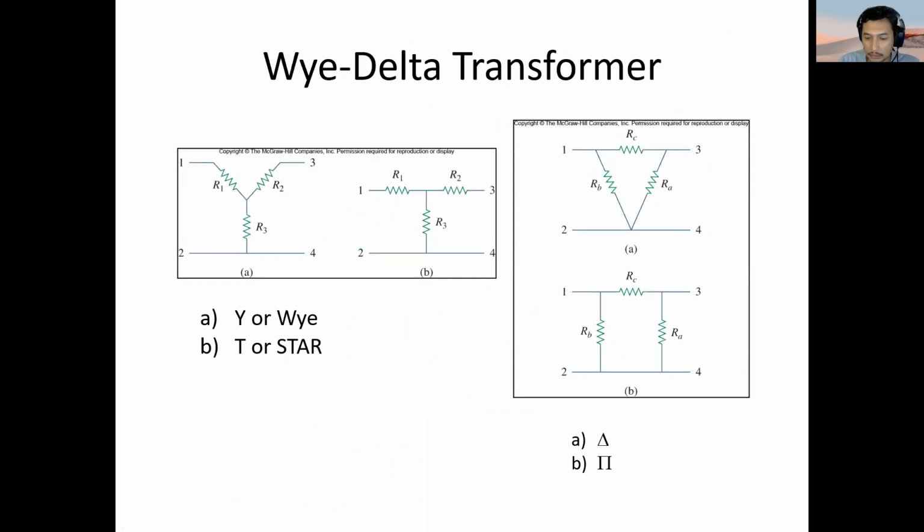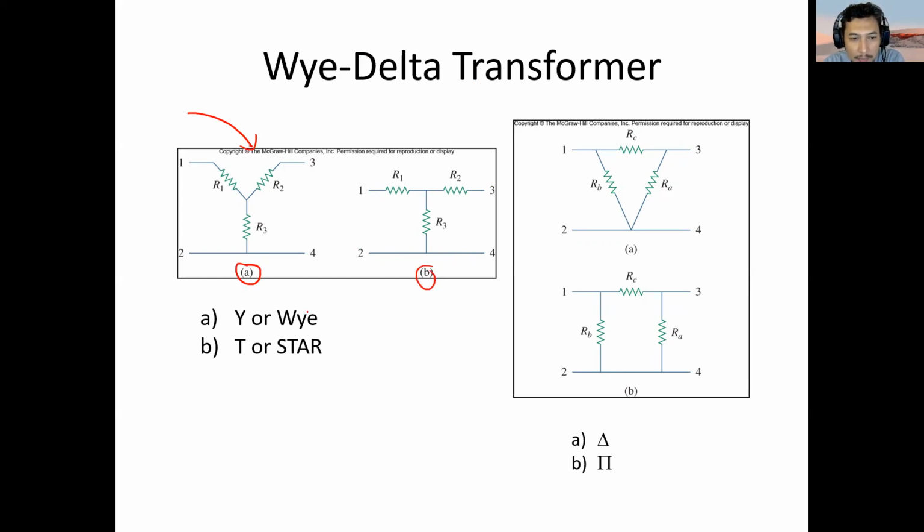But there are also circuit combinations that are not series, and they are also not categorized as parallel. So here we have a circuit like this, what we call Y and delta connection. What is a Y connection is shown in this diagram. Sometimes it is drawn like this, and sometimes it is also drawn in a T shape.